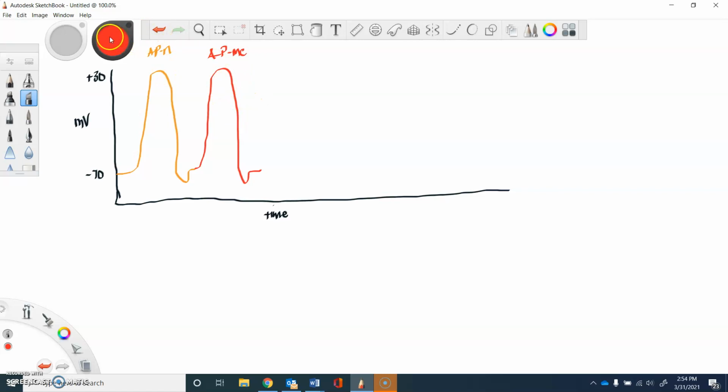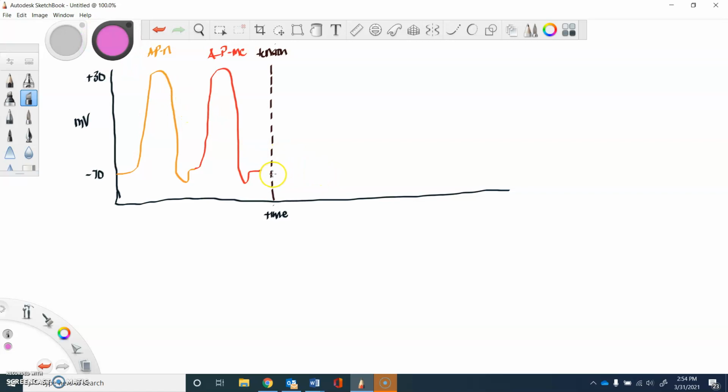Okay, so if we look at that and we add this to our graph, I'm going to put a little line here because the muscle contraction is not in millivolts, right? We're talking about tension. So the muscle cell then, we'll do that in pink, purple.